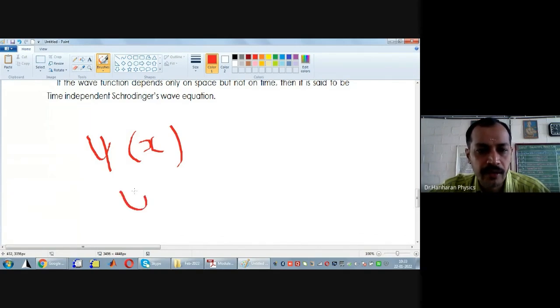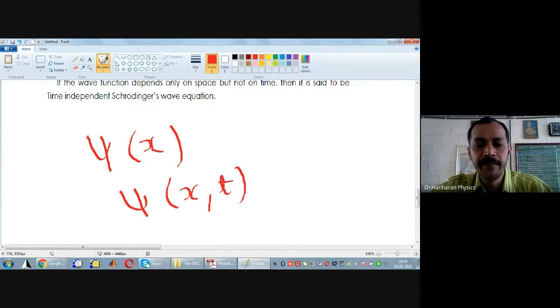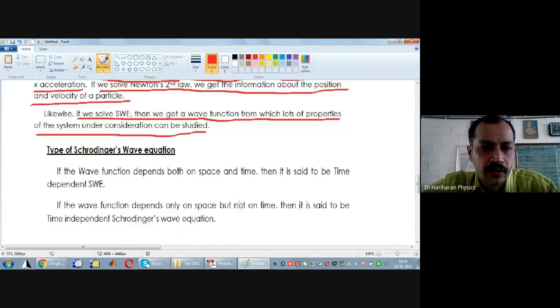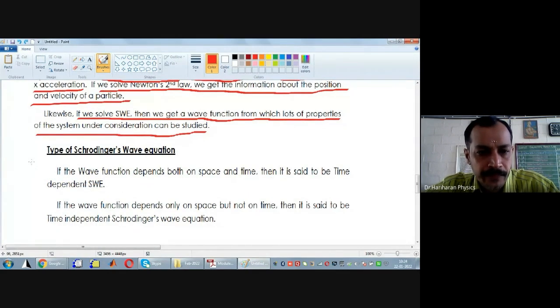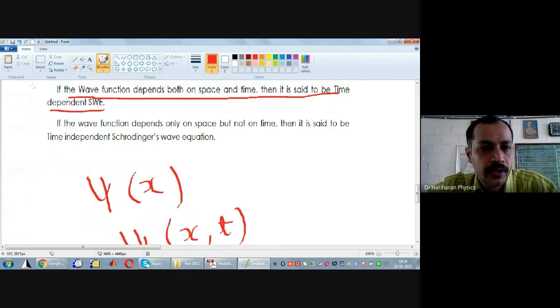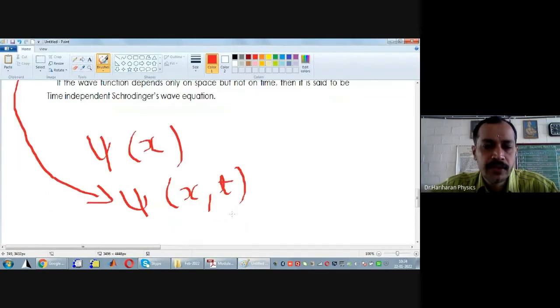On the other hand, if the wave function depends both on space and time, then we call it the time dependent wave function, or time dependent Schrodinger wave equation. So here you can see the wave function depends both on space and time. So this is time dependent wave function.